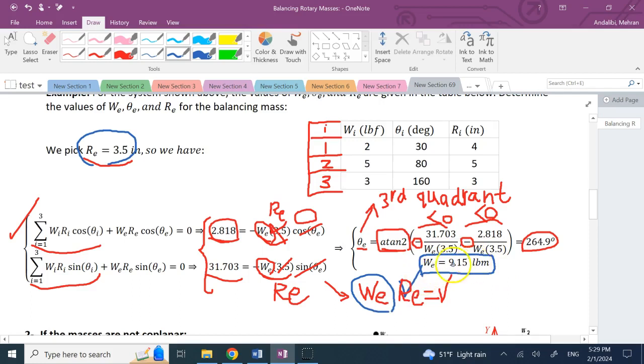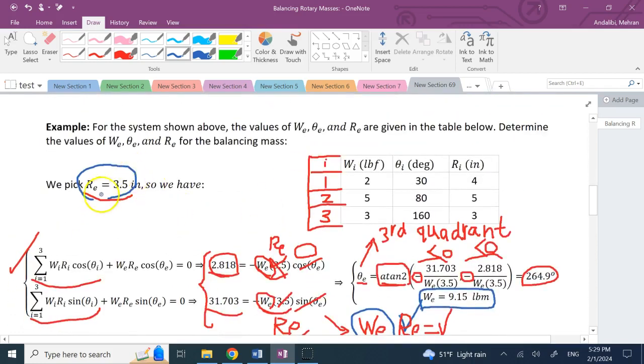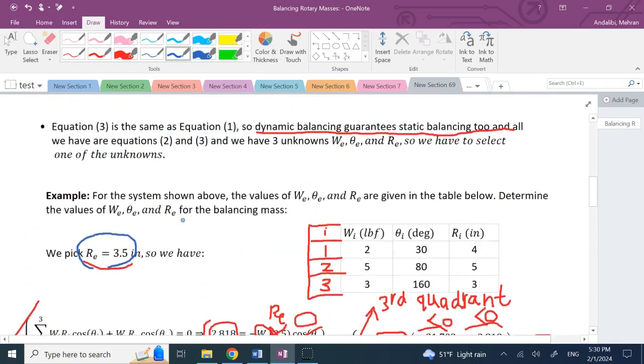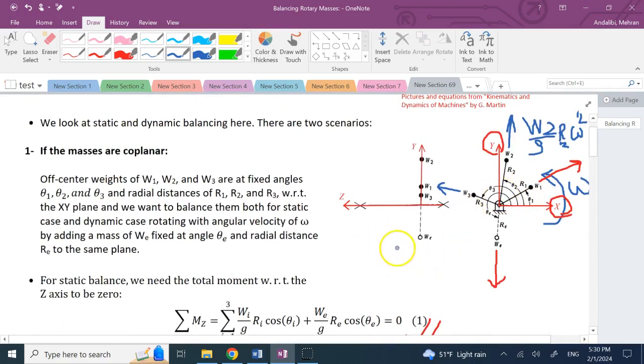So if you put the mass of 9.15 pound masses at angle 264.9 with respect to the current x-axis and at a radial distance of 3.5 inches, that should dynamically and statically balance what? All these three other weights, and your system is in balance.